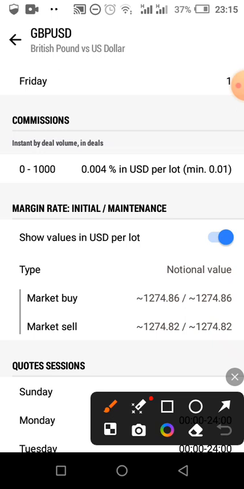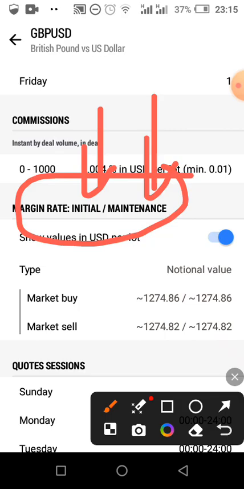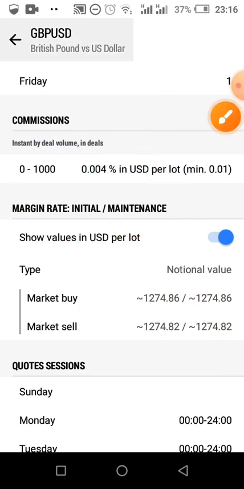Now on margin rate, you can see the first one will be initial, then the second one will be maintenance. Initial margin is required as soon as you open your trade. And then maintenance margin may be required if your trade is to still be opened into the next day.